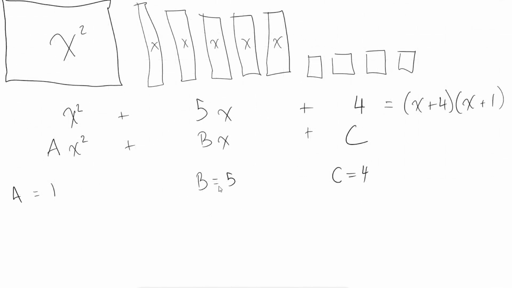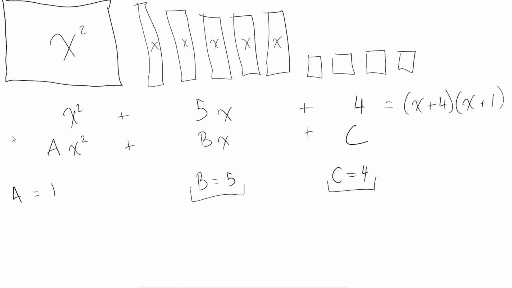Well, how does this relate to things? It turns out that the b and the c tell us information about what the factors will be. The a will affect things, but not yet. So for my trinomial, I find out what my b is and what my c is.